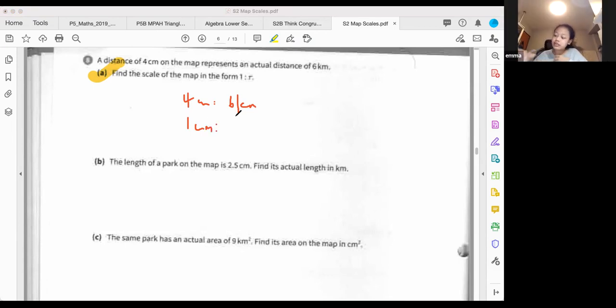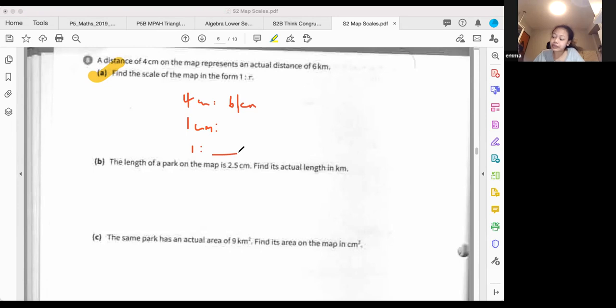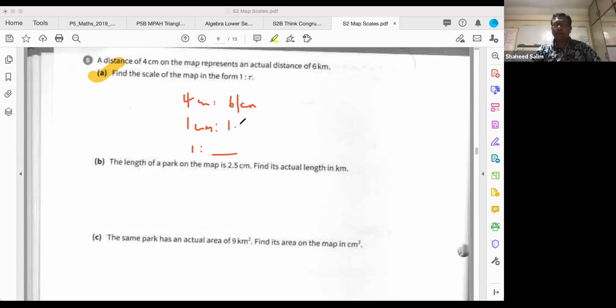Wait, no. You must do that, and after that, after 1 is to what? 1.5. So now change it to cm. You can change to meters then cm, so that you can get the last one.